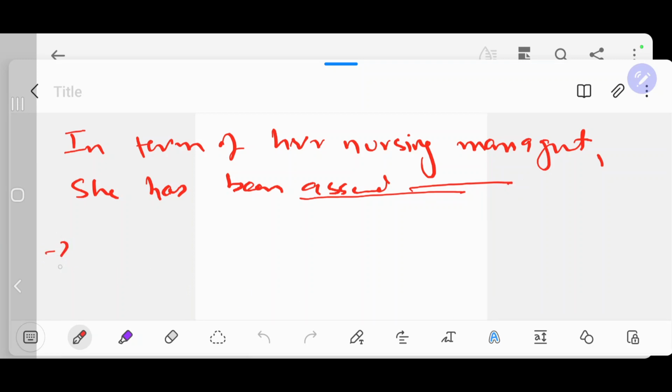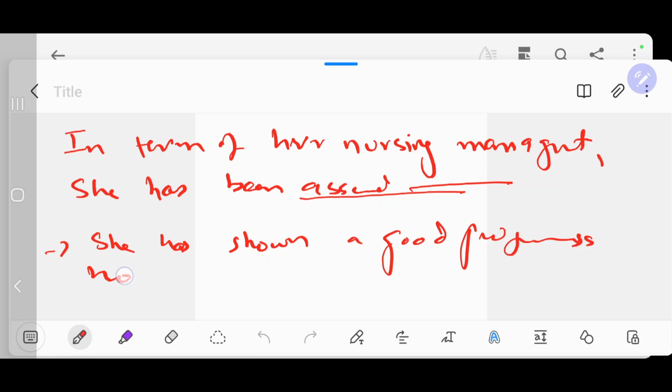And then we can write down the discharge. Let's say she has shown a good progress. However, her symptoms can decompensate if she does not comply. And then at the end you can write down the discharge plan.